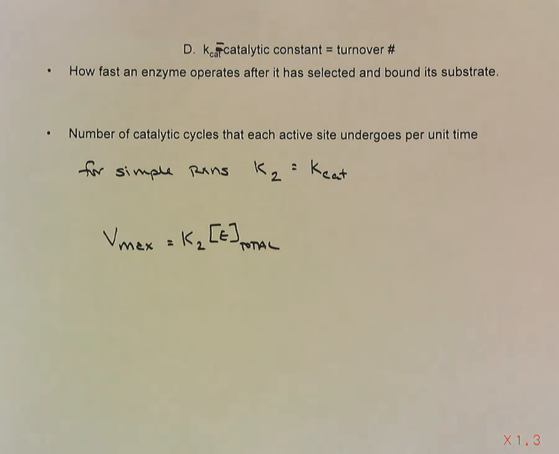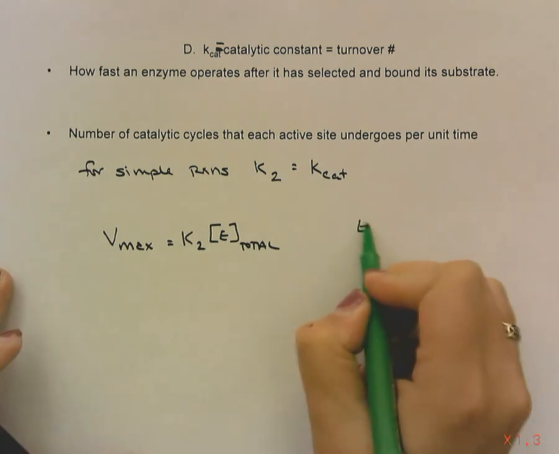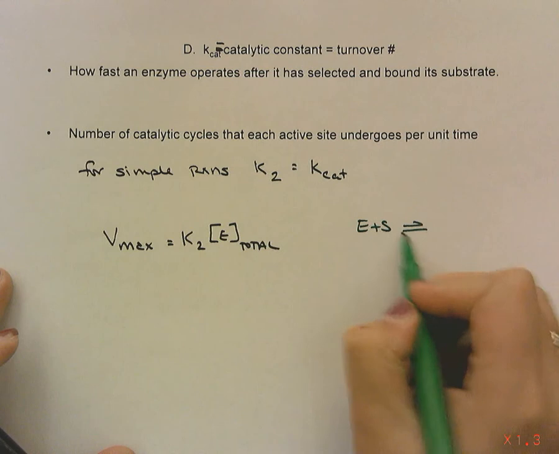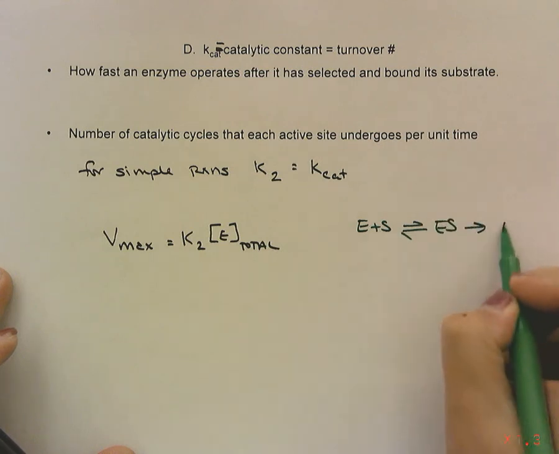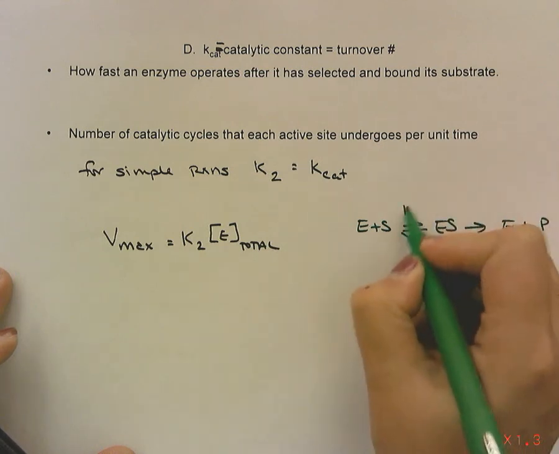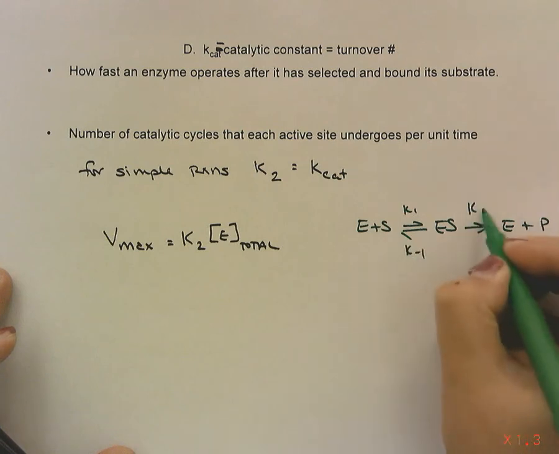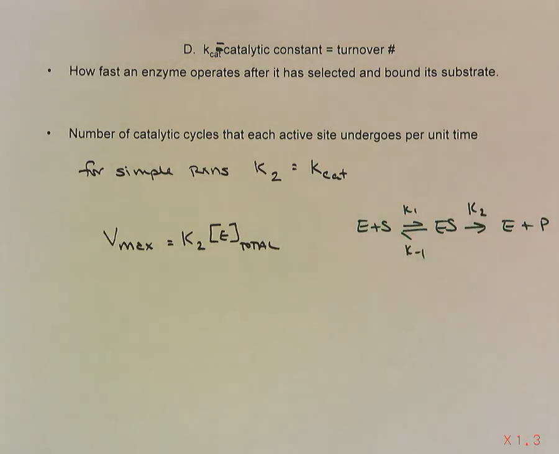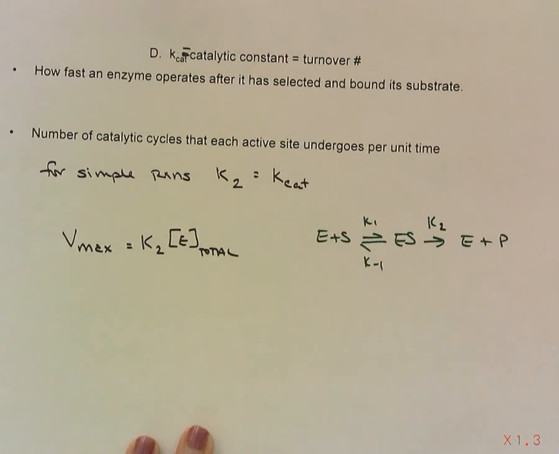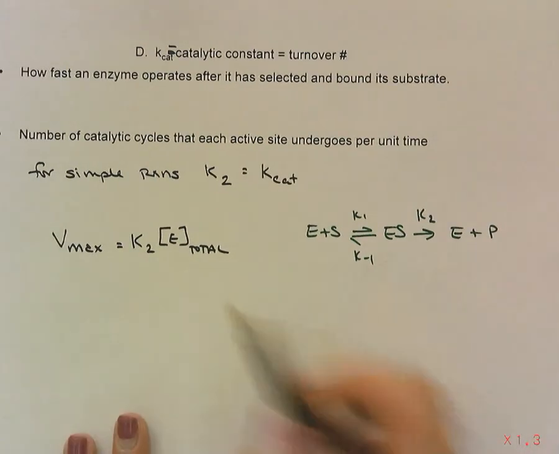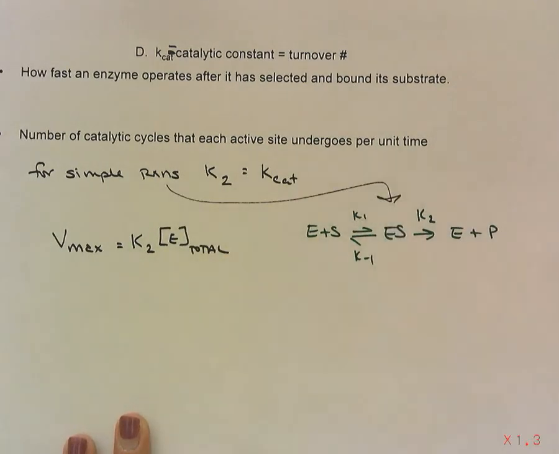Now, which part of the reaction is K2 referring to? I'm sure you'd know all in just like 1 second. Good, that's K2. So for simple reactions, such as this one, K2 equals the catalytic turnover number.